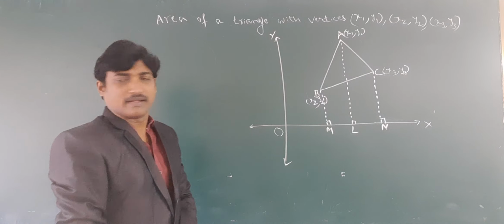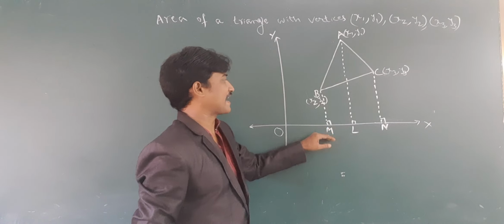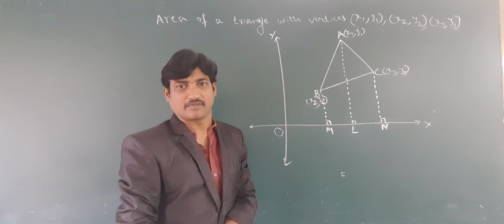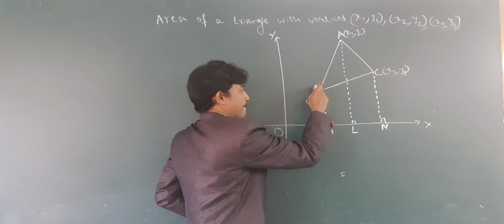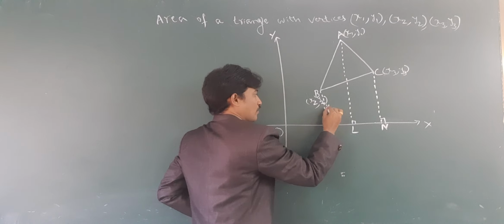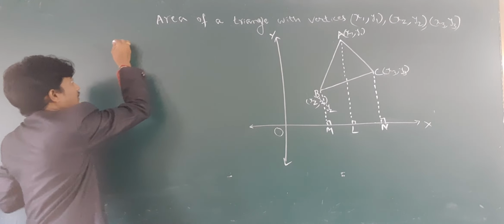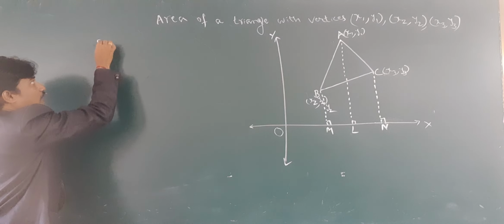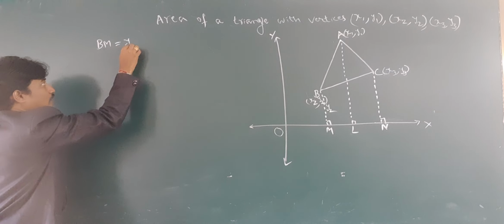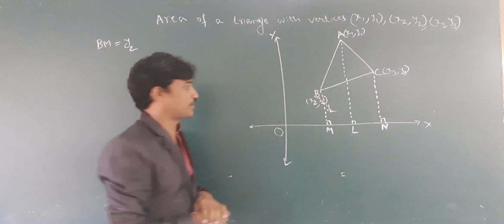Next, we know clearly the distance from the x-axis to a point is called the y-coordinate. That means BM is y2.